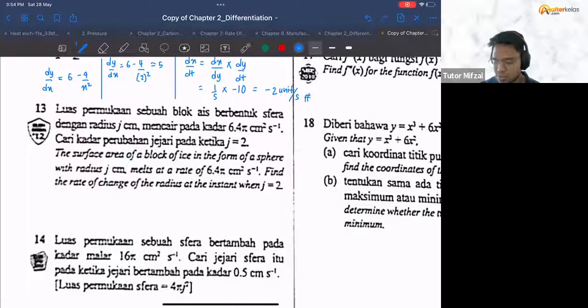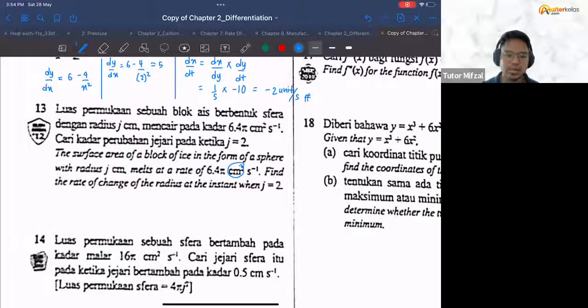Okay, so now what is this centimeter cube per second? Is it dy over dt or is it dx over dt? What is it? So the way that you can recognize this is by looking at the units. You see centimeter cube. What does centimeter cube refer to?